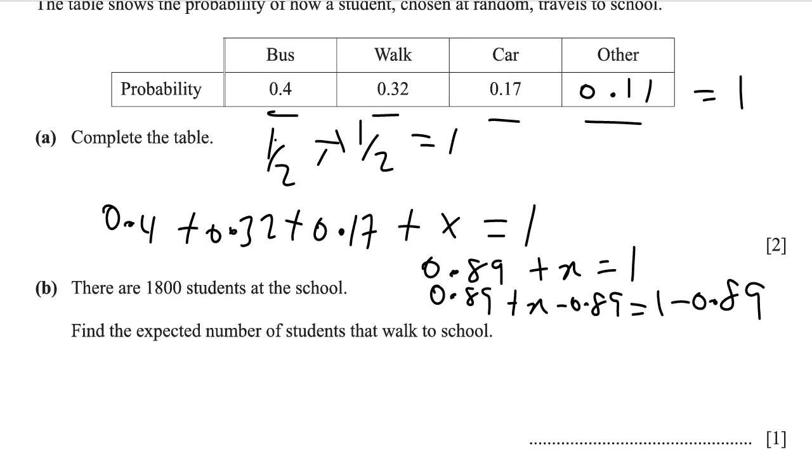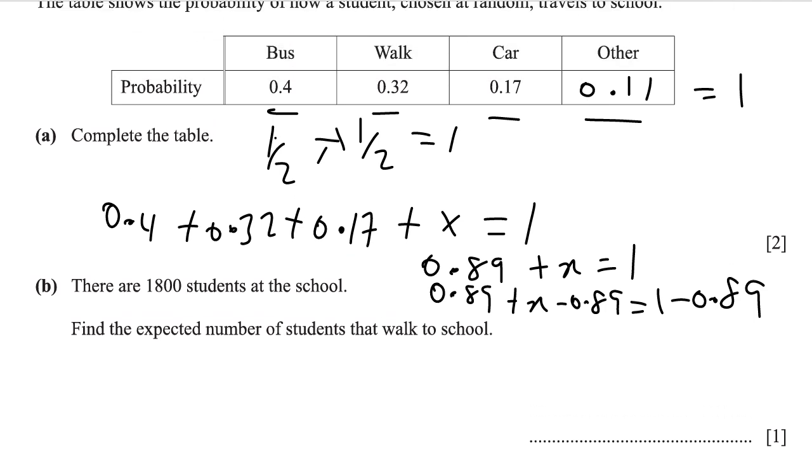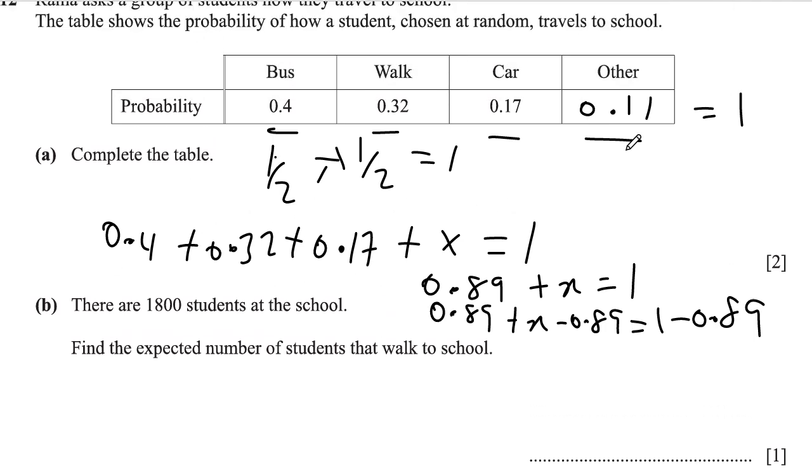Question B says there are 1,800 students at a school. Find the expected number of students that walk to school. So this is easy. Simply look at the table given. What's the probability that a student walks to school?